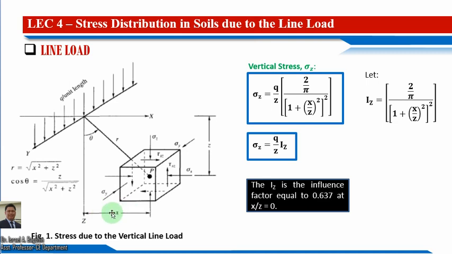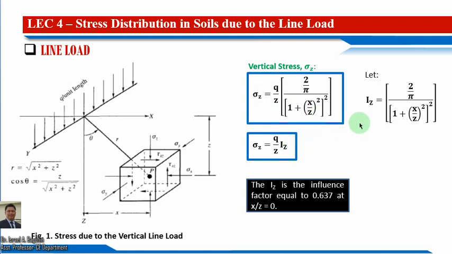But in this line load, our horizontal distance is denoted by the variable x, and our r is just the resultant of x and z. That is why we use x, which is our horizontal distance from the vertical z-axis.